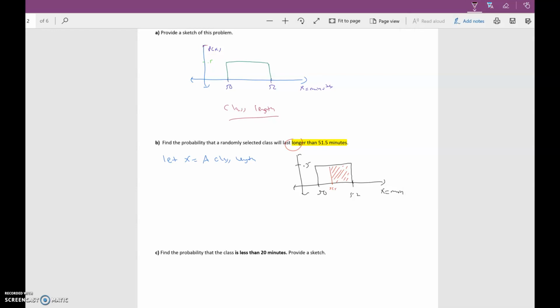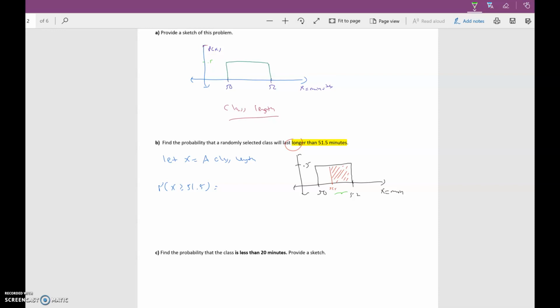So at this point, we can just evaluate the probability of x is greater than or equal to 51.5. Our random variable here is also continuous because of the area idea. So this is equal to the following. It's going to be length times width, so we just have to calculate that length.